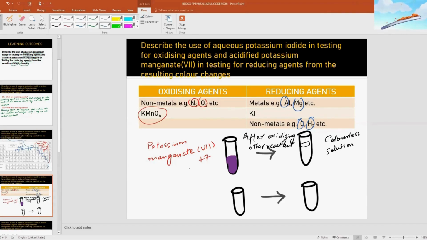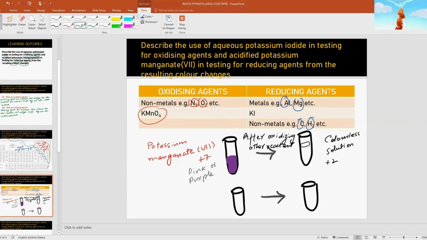Before, this was pink or purple. The charge on the manganate ion also changes from +7 to +2. This test is used to confirm the presence of a reducing agent in a reaction mixture.